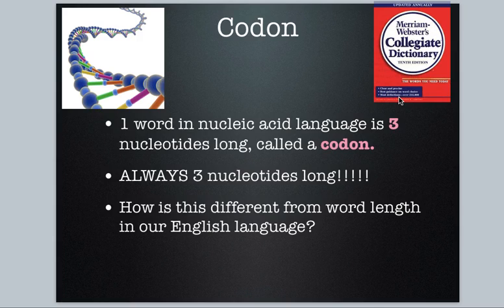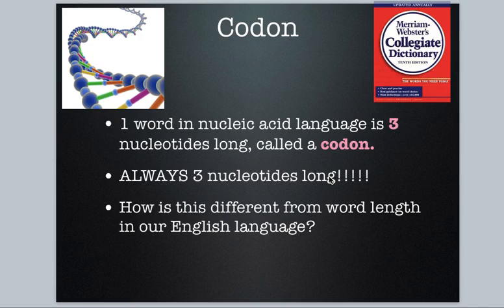You can have a one-letter word like I, a two-letter word like go, a three-letter word like can, and you can have a four-letter word, a five-letter word, a six-letter word. Words are a variety of lengths. Well, in DNA, it doesn't work that way. One word is always 3 nucleotides long. Never longer, never shorter, ever.